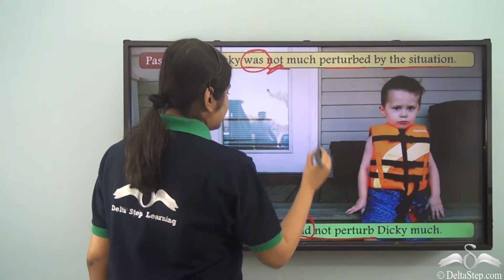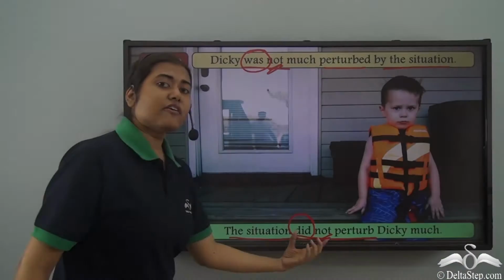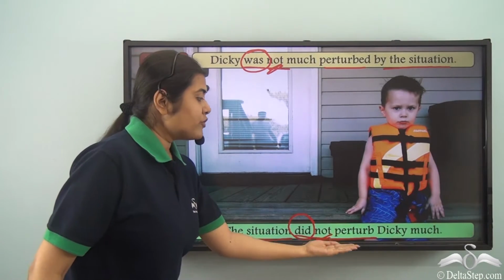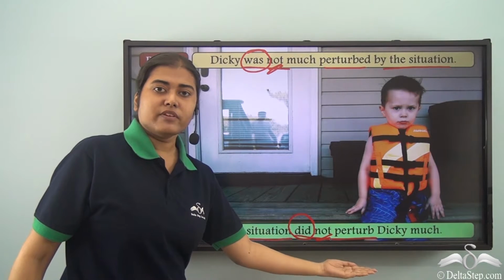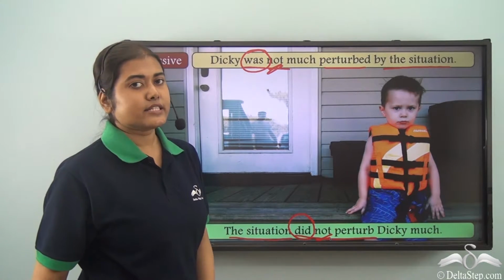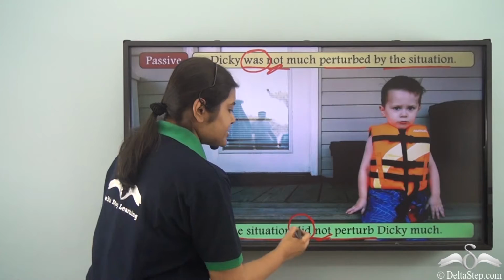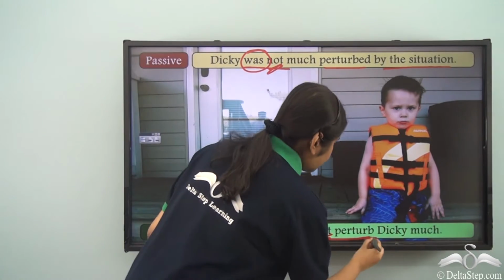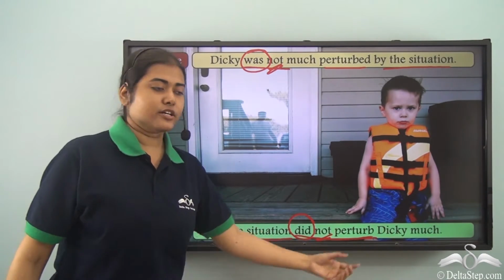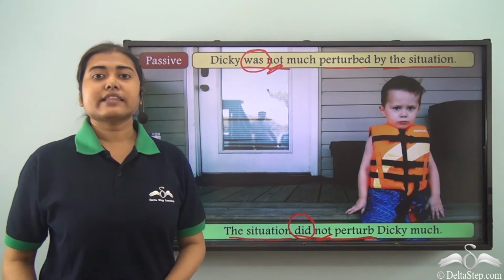After that we have written not. Now after auxiliary do verb, we always write the base form of the verb and never any other tense form. So here we have written did already. So we simply write the base form perturb, and after that we write the object.